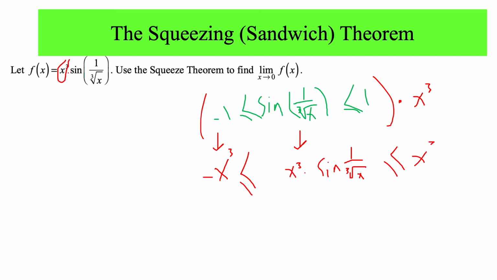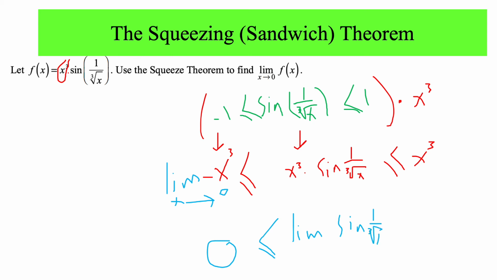Now if I find the limit for all sides, of course here the limit of this one, when x goes to 0, I get 0 here. And when I find this limit, that's what I want to find for our question, the limit of sine of 1 over x.